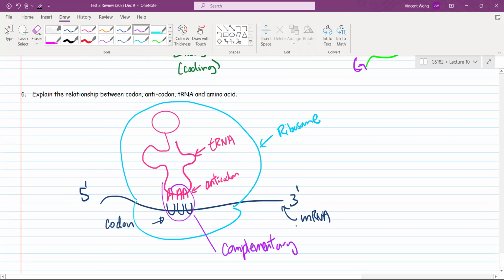If they're not complementary, then it's not going to fit. So the amino acid that it's carrying, well, you have to look up the codon. Never look up the anticodon, okay? So you look up the codon. UUU, if you look it up, it's PHE. So that's the relationship between codon, anticodon, tRNA, and amino acid.